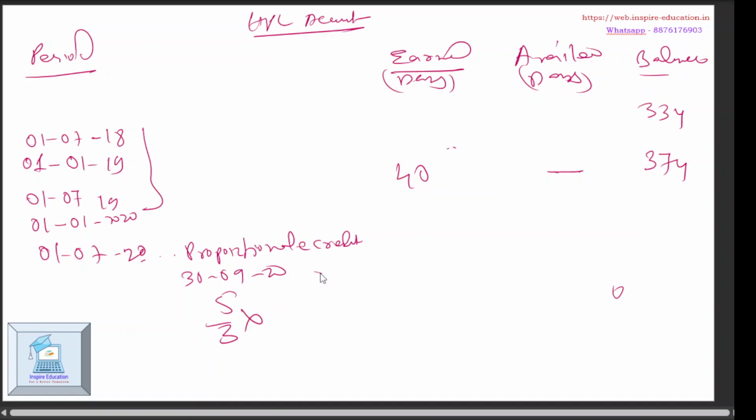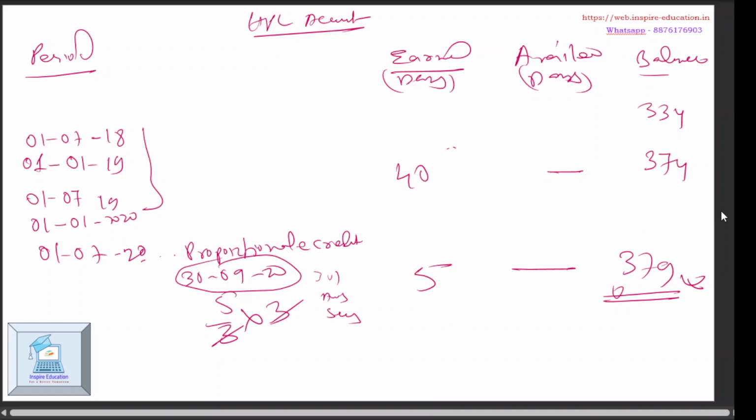Okay, 3 months are there, so 3/3 get cancelled, so 5 days will be given credit, so it will be 379 days. So this is your HPL up to 30/9/2020. So that's all friends, thank you.